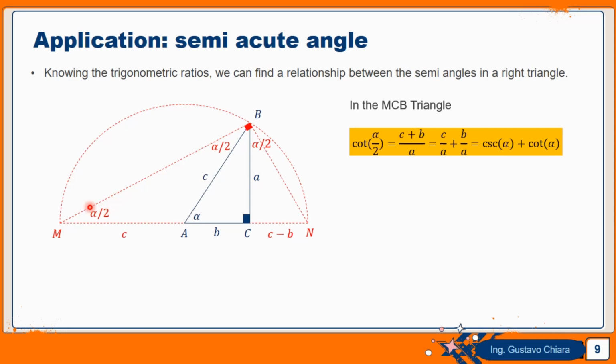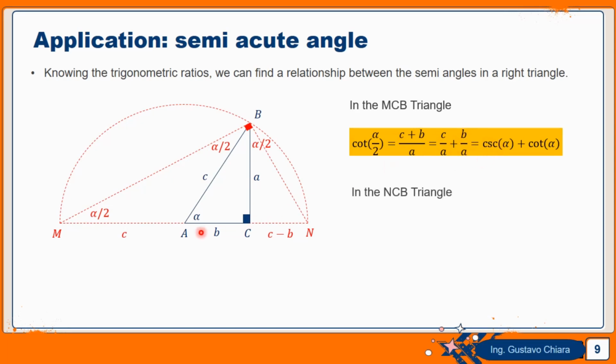Reducing the expression, it is c divided by a plus b divided by a, and using the triangle ABC, c divided by a is equal to cosecant, and b divided by a is equal to cotangent.